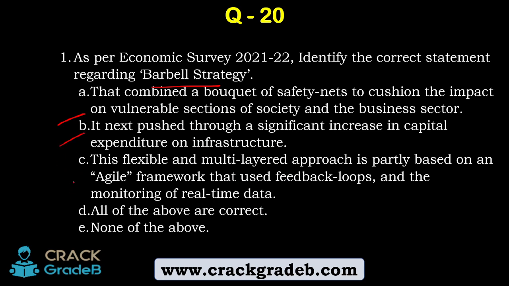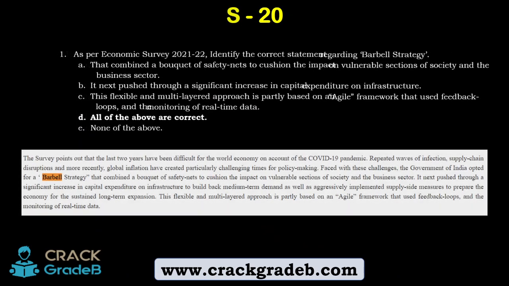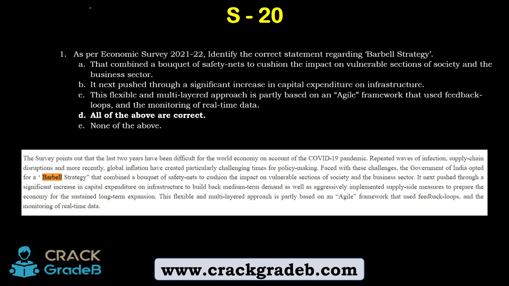C: the flexible and multi-layered approach is partly based on an agile framework that used feedback loops and the monitoring of real-time data. D: all of the above are correct, or none of the above. You will have to identify the correct statement regarding the barbell strategy that was discussed for the first time in the last Economic Survey and applied here, right? Let's move forward and see the answer. The answer is that all of the above statements are correct, meaning A, B, C are correct, right?